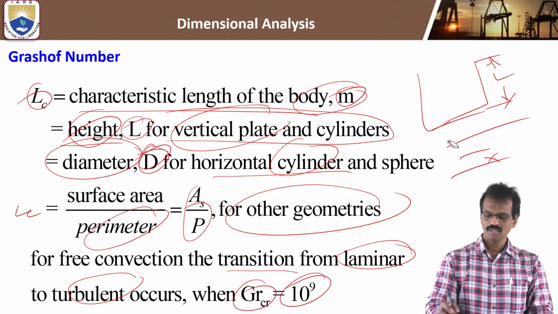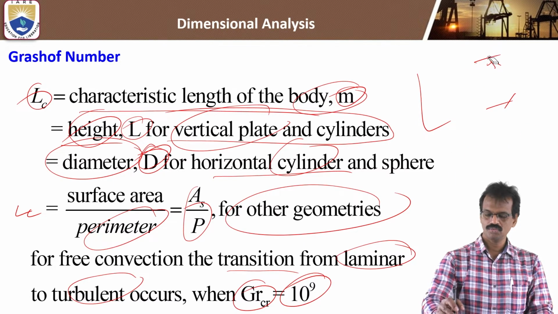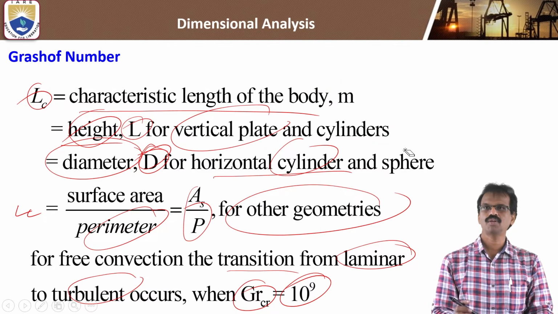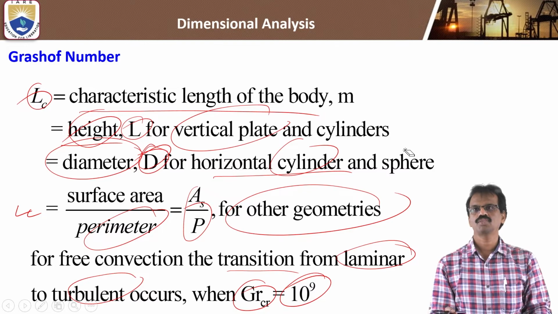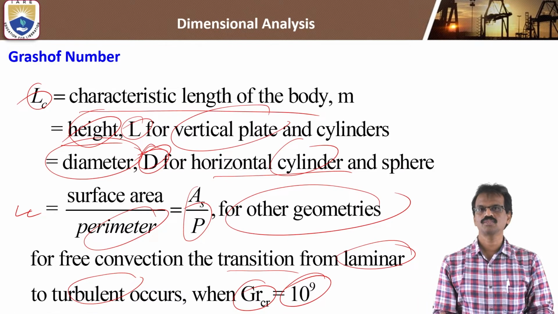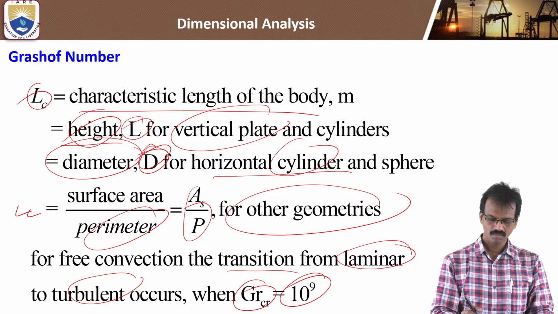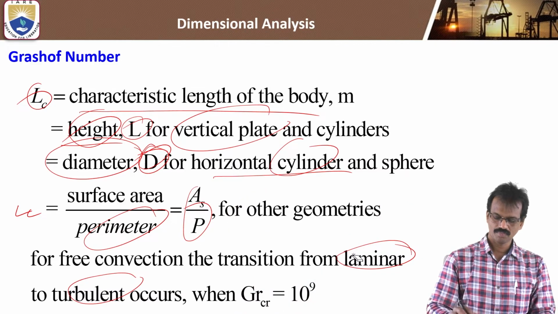If the Grashof number is less than 10 to the power of 9, the flow is laminar; if greater, the flow is turbulent. We'll see that also.